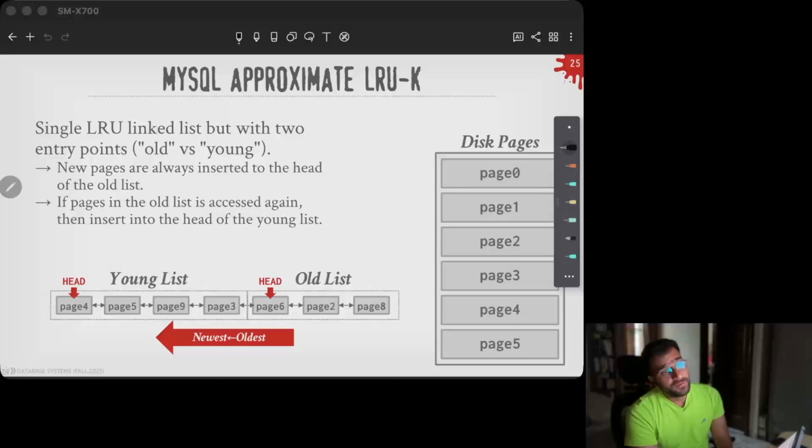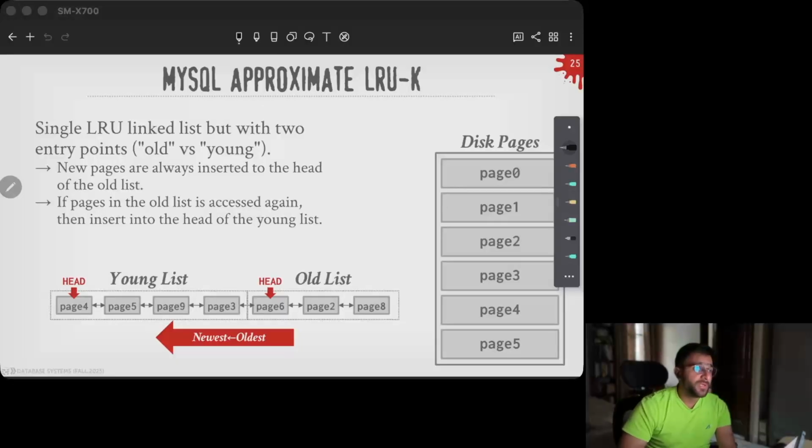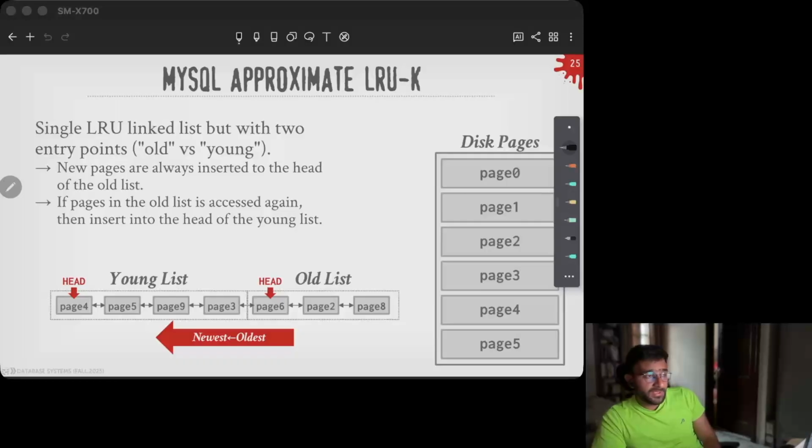Then we have approximate LRU-K. Now, this is a similar idea, but rather than maintaining timestamps for your pages, you maintain a linked list and you divide that linked list into old and young sections.